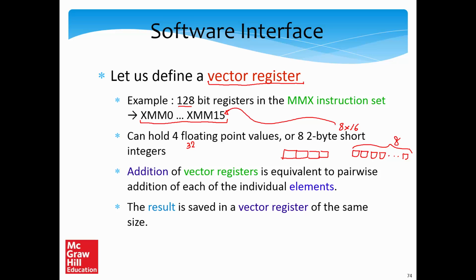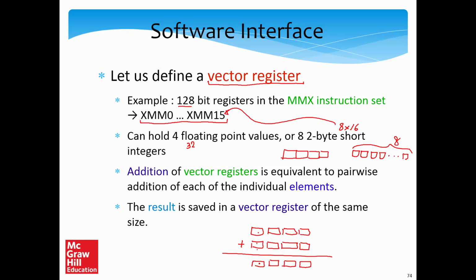The addition of vector registers is basically equivalent to pairwise addition of each of the individual elements. Let's say there are two vector registers, and we assume that each has 4 values. Then we just add the values pairwise. The final output will also be a vector, stored in one more vector register, and each value is a sum of the corresponding two values.